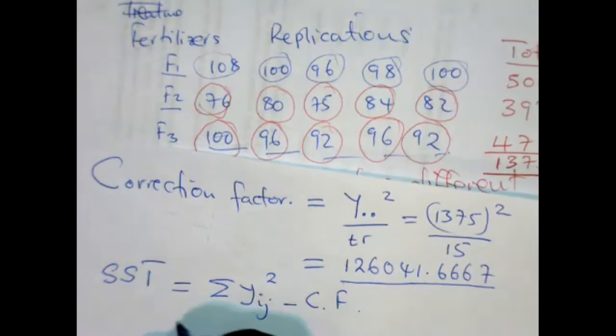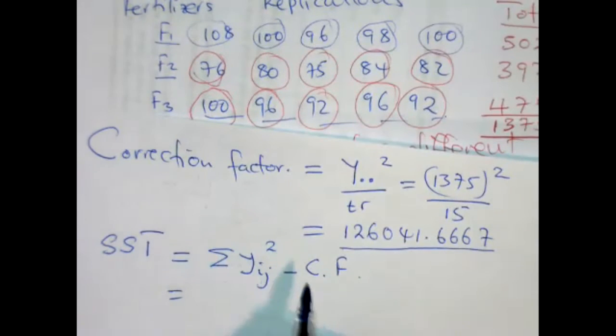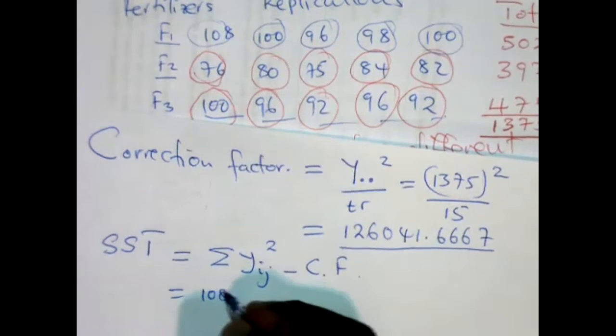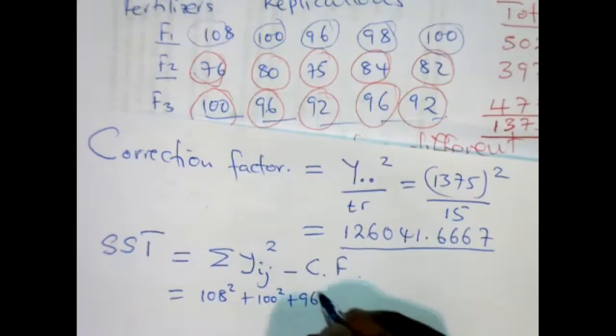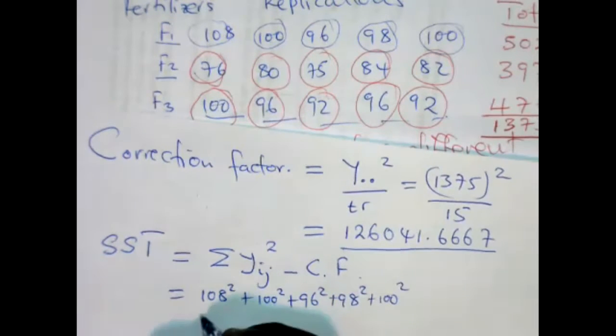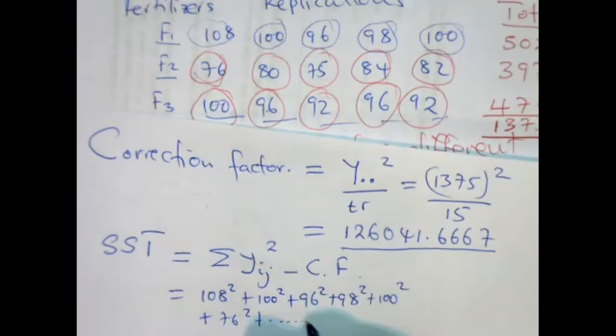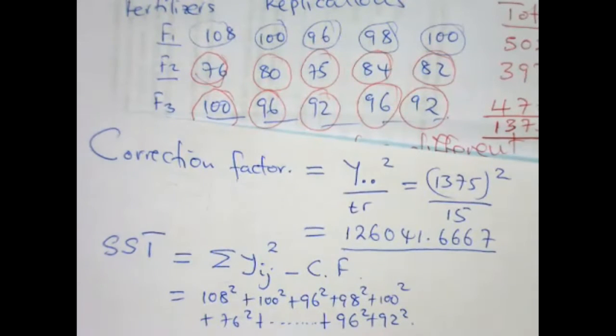So for us to get that summation of Yij squared, we are saying 108 squared plus 100 squared plus 96 squared plus 98 squared plus 100 squared plus 76 squared plus, and so on. We are adding each and every number until we add 96 squared plus 92 squared. This is quite a lot of work. So we are squaring each number. That is the summation of Yij squared.